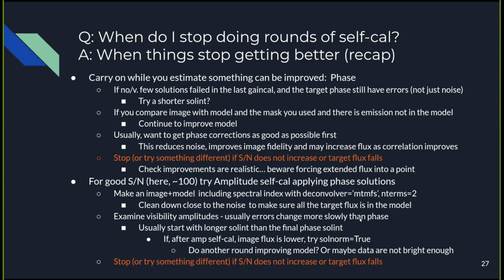So you want to make sure all that flux is in the model for amplitude self-calibration. And as the amplitude errors change more slowly, I would probably go back to using a full scan length for the first round of amplitude self-calibration, and then keep going again until there is no further improvement.